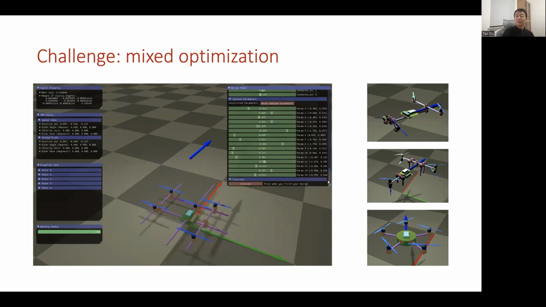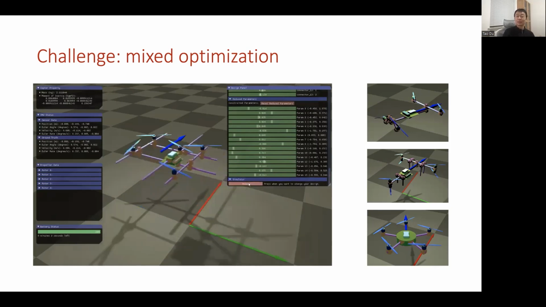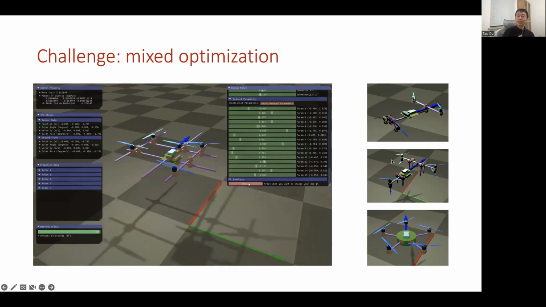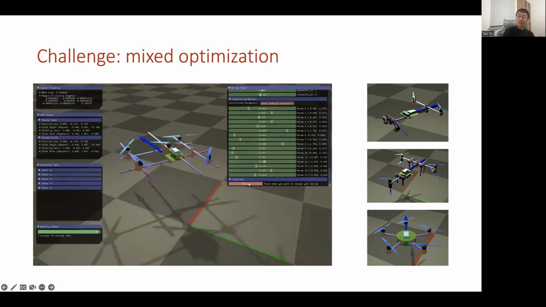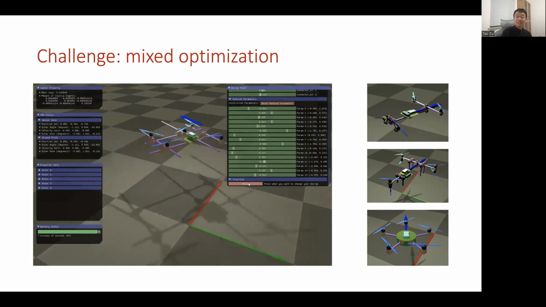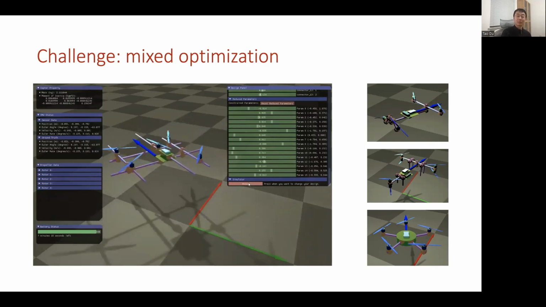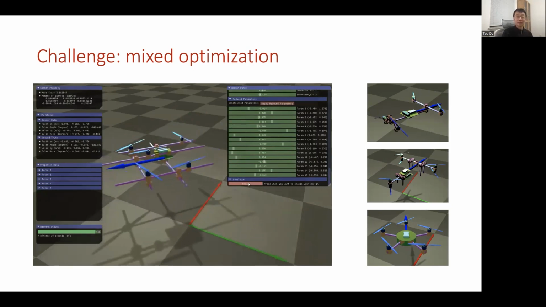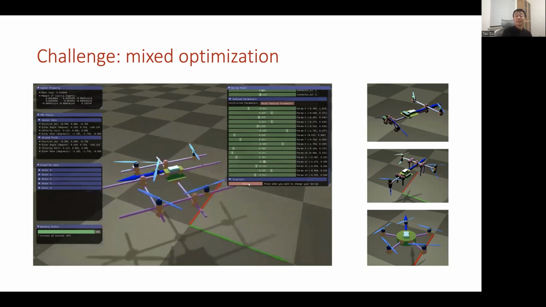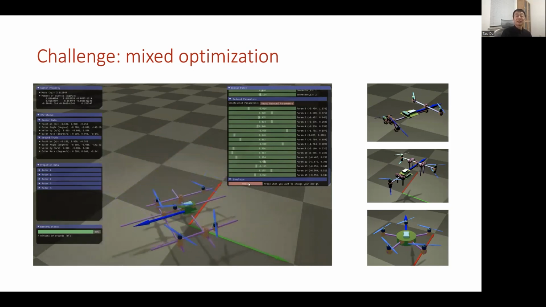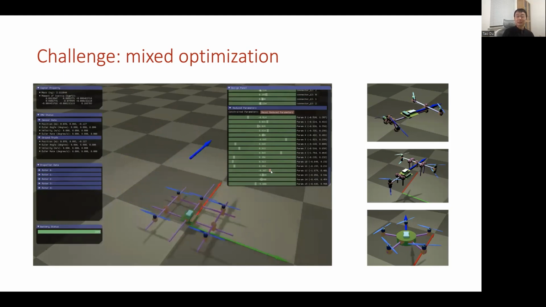On the other hand, we also have some discrete parameters, like if you see the three figures on the right, they represent three designs with different numbers of rotors. And the number of rotors, as well as the propellers, these are discrete parameters that cannot be continuously varied, but they are, of course, a very crucial parameter that greatly affects the performance of the robot.